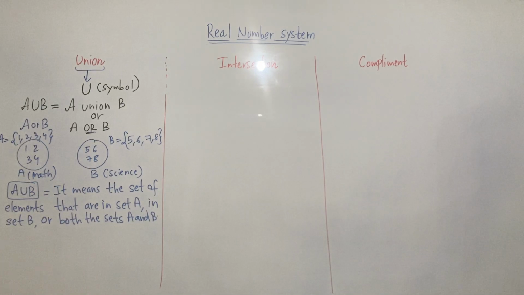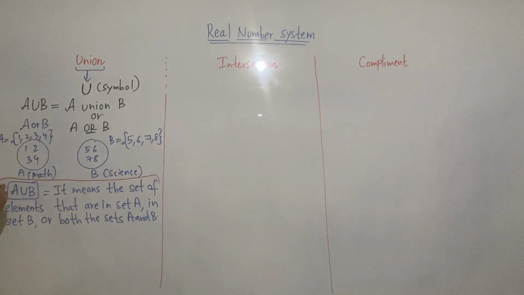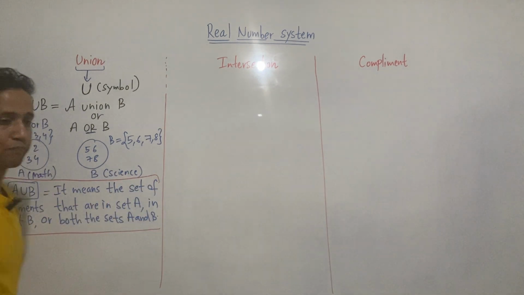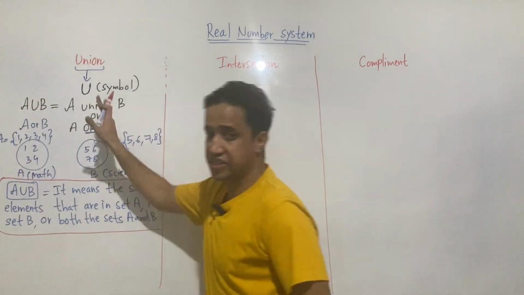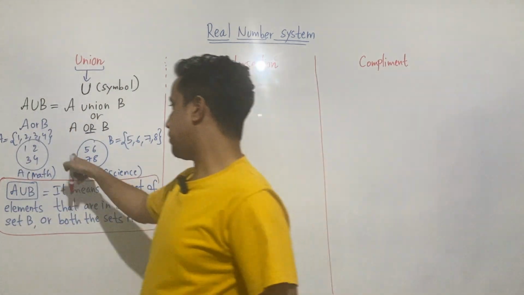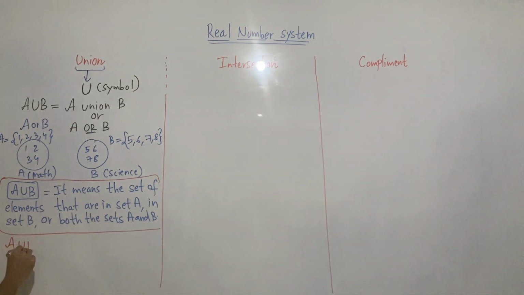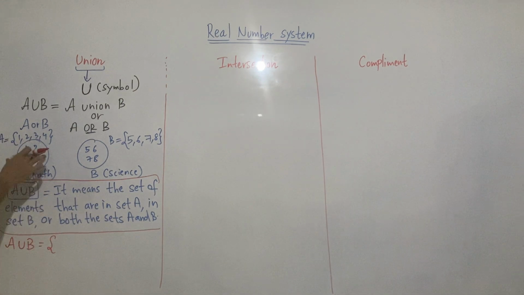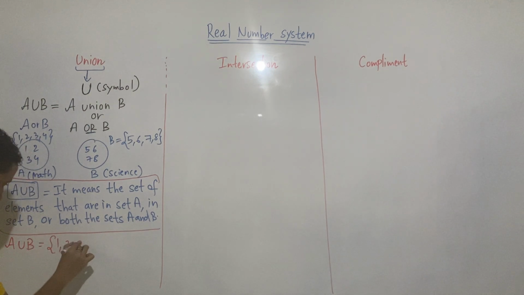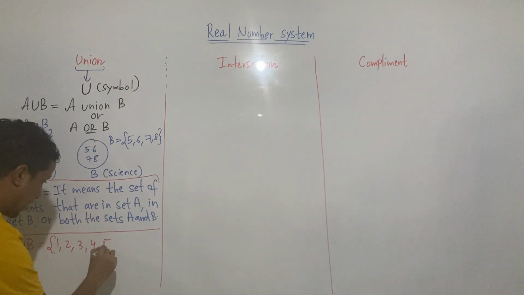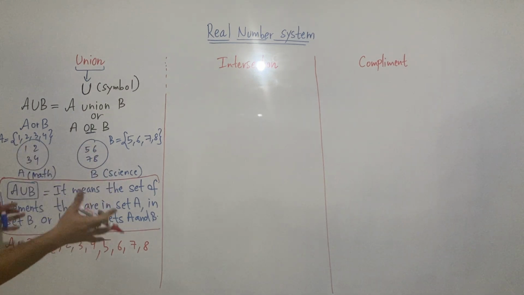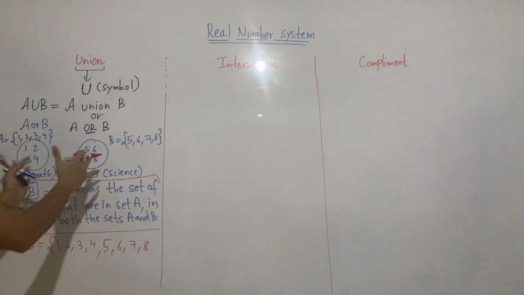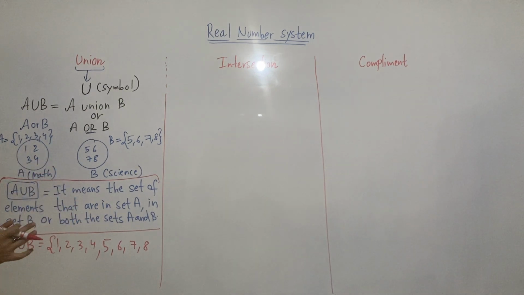I hope you understand it. So A union B contains all the elements that are in set A, in set B, or in both the sets A and B. So here A union B is going to be all the elements in set A, 1, 2, 3, 4, and all the elements in set B, 5, 6, 7, 8, plus all the elements that are in both sets.